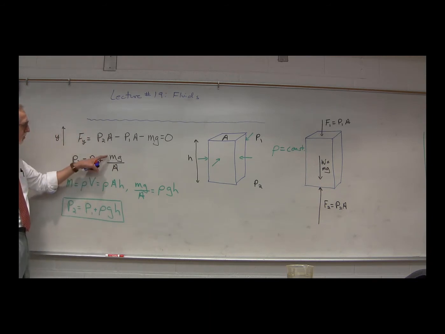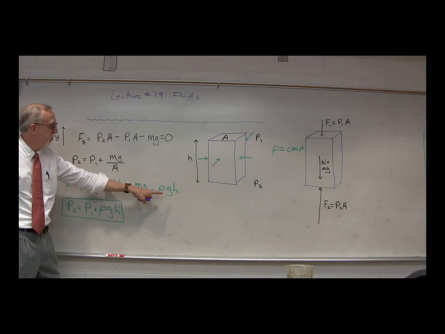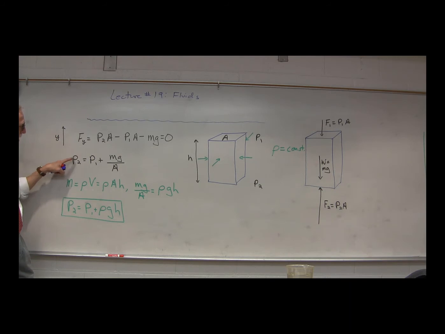There we go. So mg over A we'll write as rho gh, and we have that P2 is equal to P1 plus rho gh. And there we go.